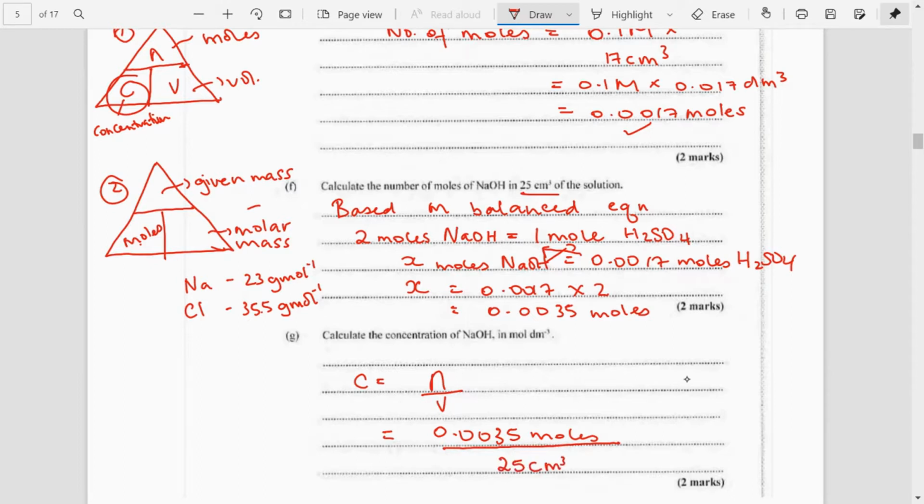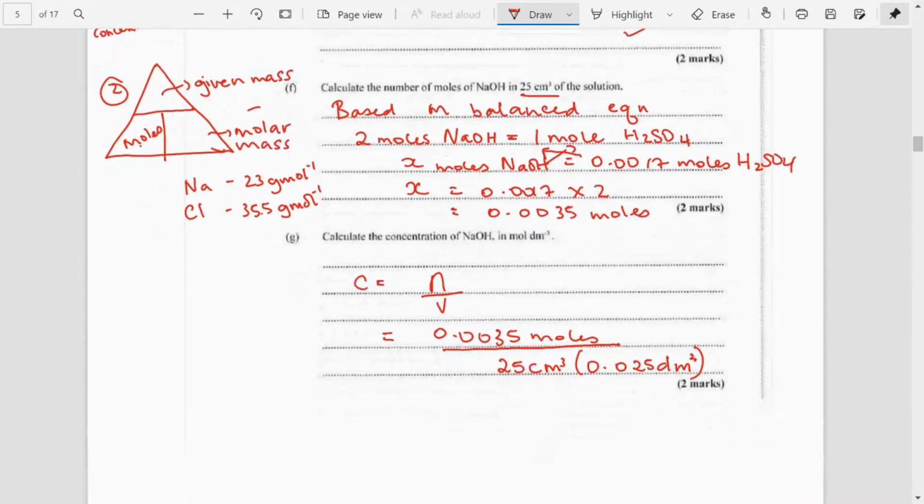And of course, you need to change this to 0.025 dm cube, because they asked us to calculate in moles per dm cube. What is our answer there? So 0.14 moles per dm cube, or 0.14 molar. All right.